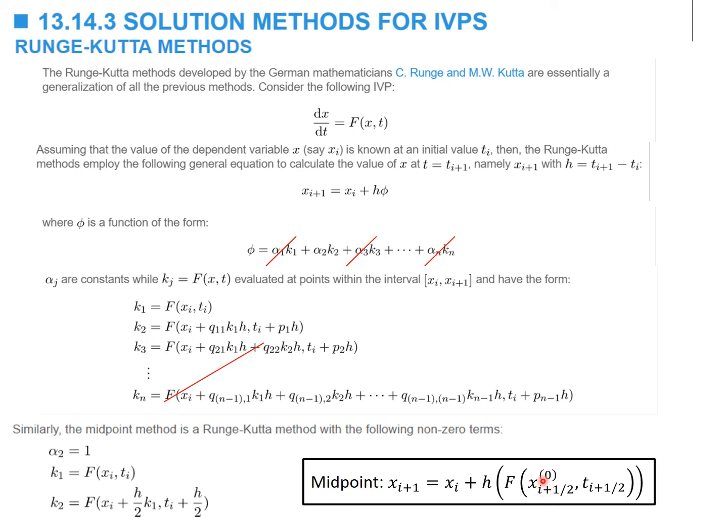When we look at this as an example of the Runge Kutta method, all these terms are equal to 0 except the term alpha 2 k2. Alpha 2 is 1, and k2 is the slope evaluated at the intermediate point. The intermediate point is found as t sub i plus h over 2, and the value of x in the middle is x sub i plus h over 2 multiplied by the slope at the first point.